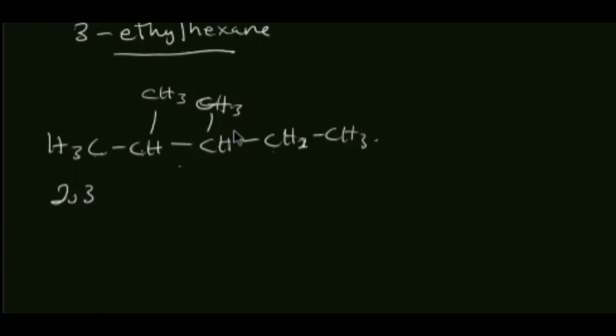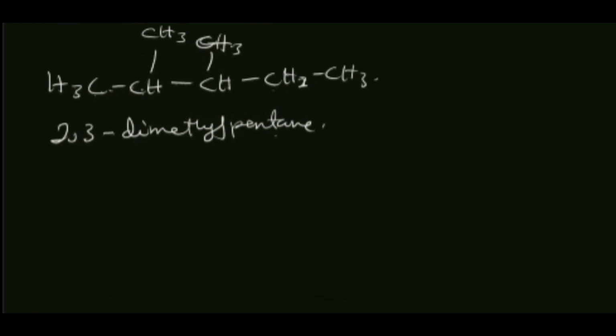Since they are the same methyl, if it was methyl and ethyl, you say 2 dash ethyl, 2 dash methyl. But here they are the same. So we say 2, 3 dash dimethyl. 1, 2, 3, 4, 5. So pentane, right? That is a simple way to name this compound.